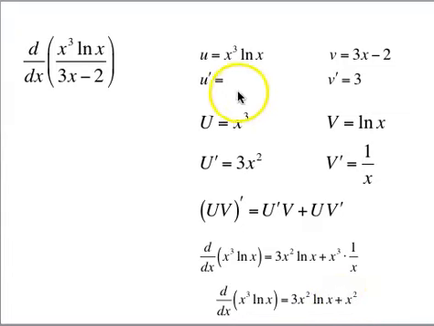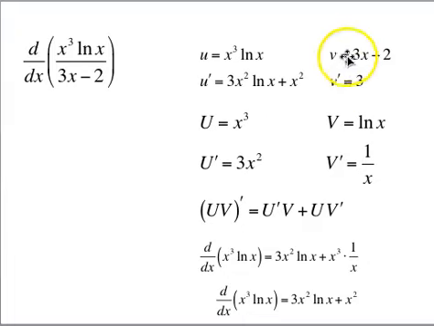And that needs to be put up here for the derivative of little u prime, because that is going to be what we're going to need to complete the quotient rule. So we put that in there. So now we have u, v, u prime, and v prime for the quotient rule. And we remember u prime v minus uv prime all over v squared.